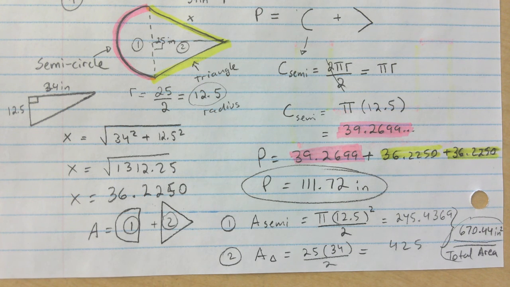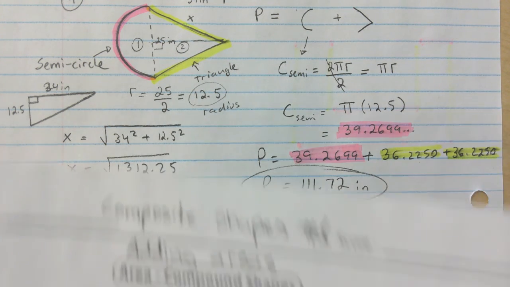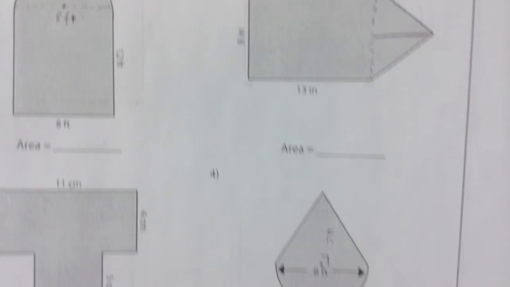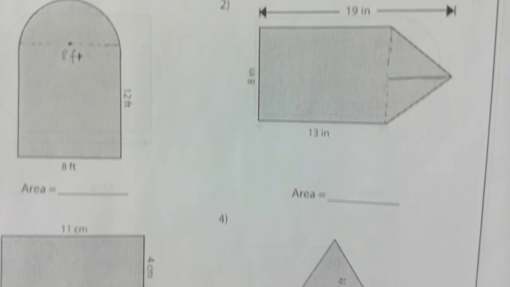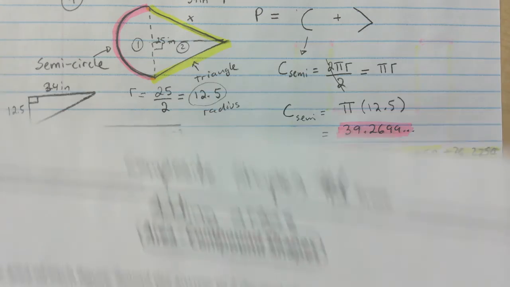Now, if you're online, I'm going to give you the paper copy when you come in. But if you're online, I'm going to post this handout right here. It says Composite Shapes number 1. And it has a bunch of composite shapes that you're supposed to find the areas for. Okay?